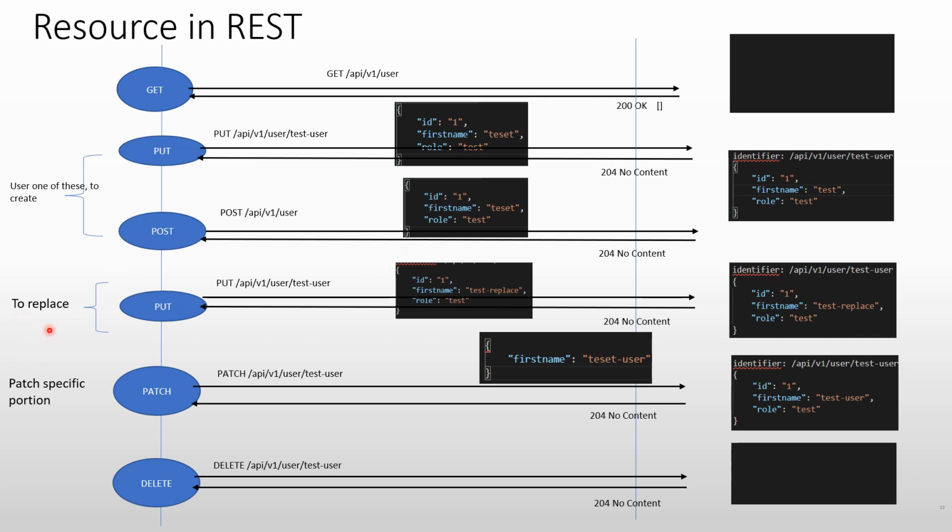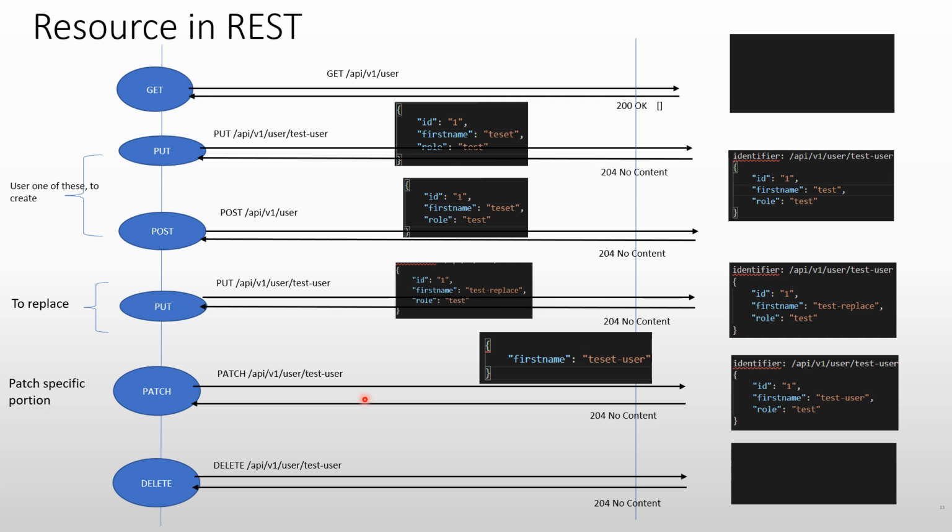To replace or edit, we use put. That means you are identifying the object with a unique identifier, and you should be replacing that object. Patch is specific to updating a specific portion of the body or resource.